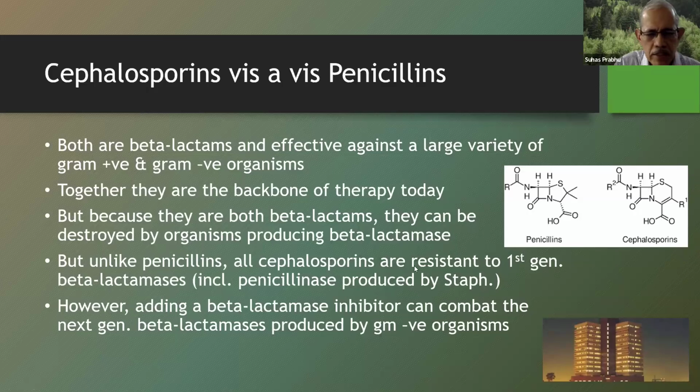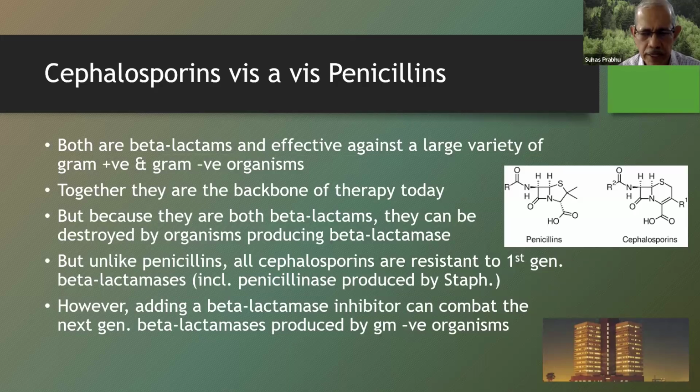But unlike penicillins, all cephalosporins are resistant to first-generation beta-lactamases, including the beta-lactamase called penicillinase, which is produced by staphylococci, in fact by all staphylococci, which is the reason why, unless you have a specific anti-staphylococcal penicillin, penicillins don't work for staphylococcal infection. So ampicillin, amoxicillin don't work for staphylococcus.